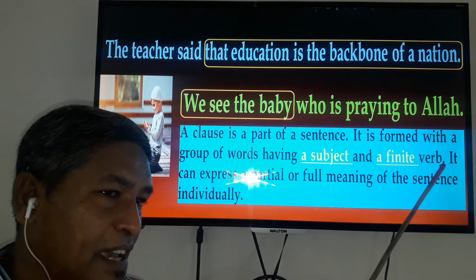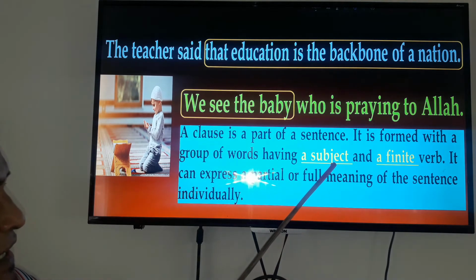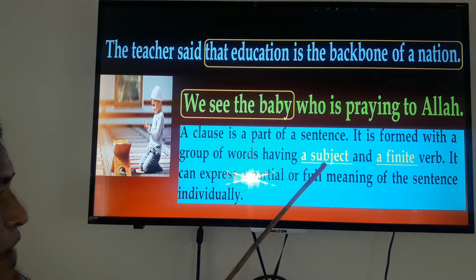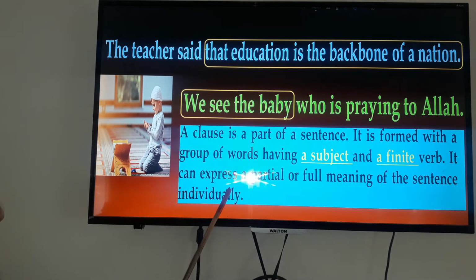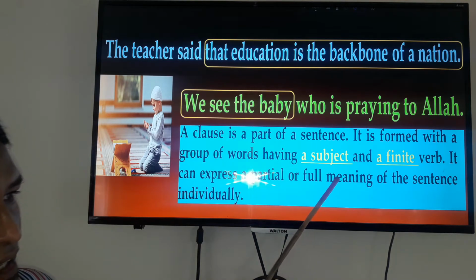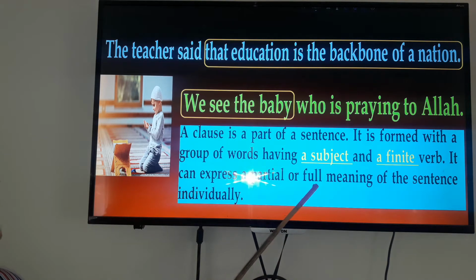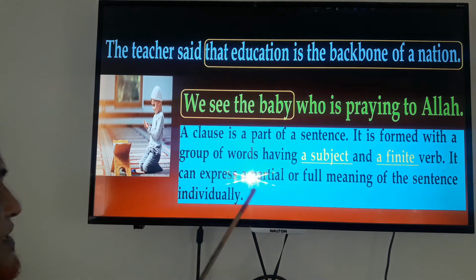So every clause has to have a subject and a finite verb. It can express a partial or full meaning of a sentence individually. So we have learned what a clause is.